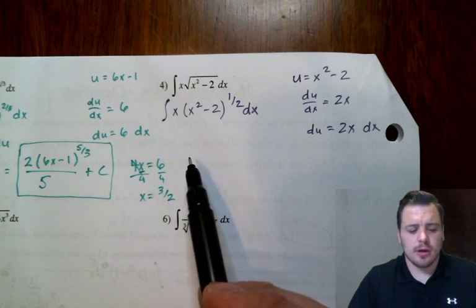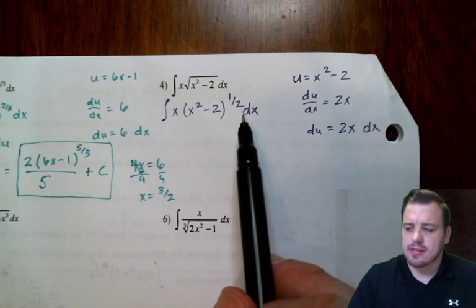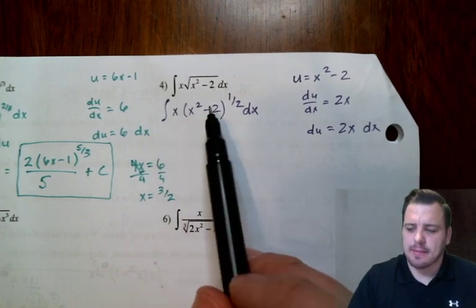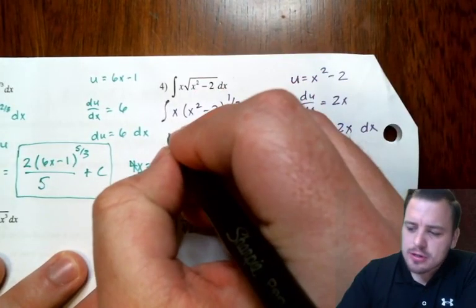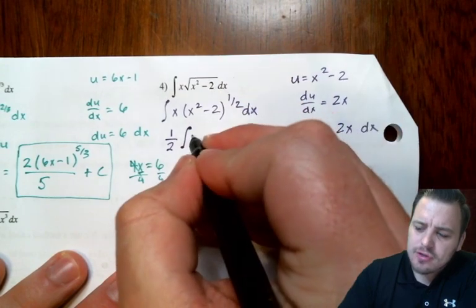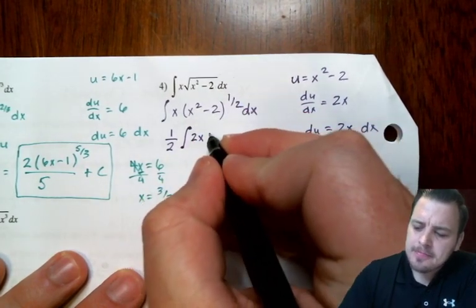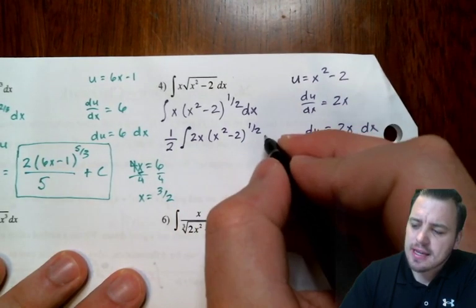Good, Ian, 2. Because I have 2x here in dx, well, here's the dx, here's an x, so I just need to multiply this side by 2. So that means I multiply the left side by the reciprocal. So 1/2 antiderivative of 2x, x squared minus 2 to the 1/2 dx.